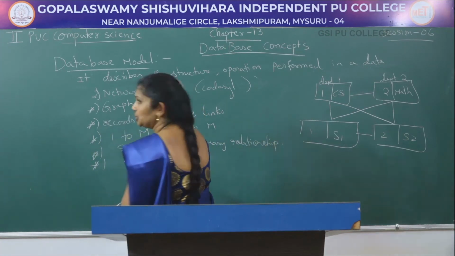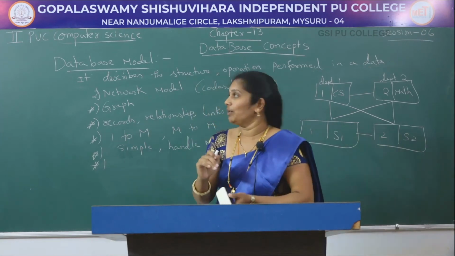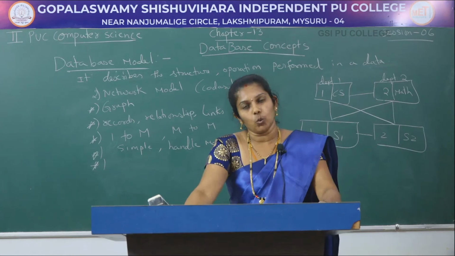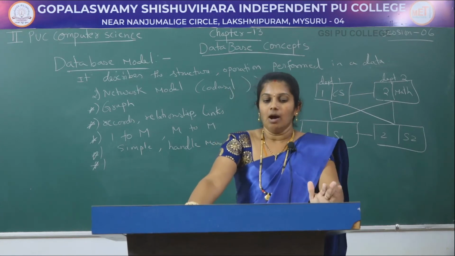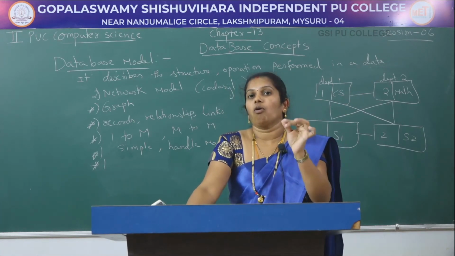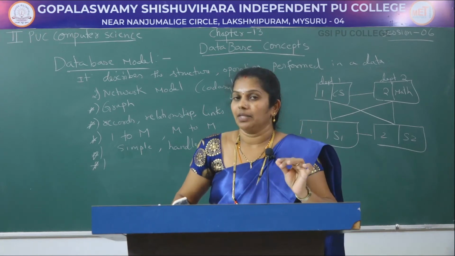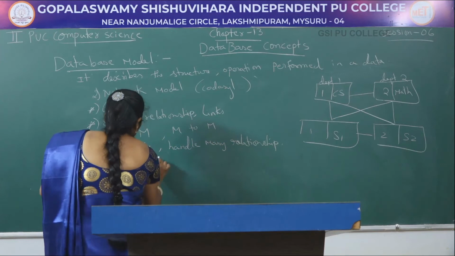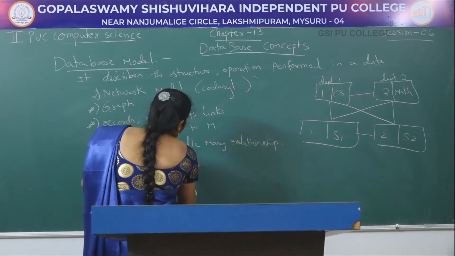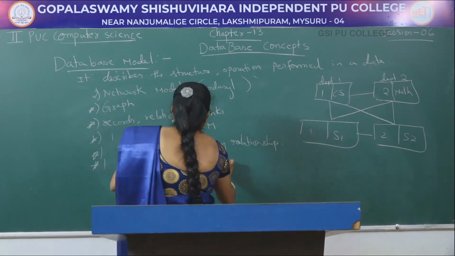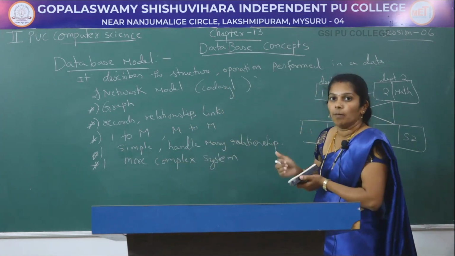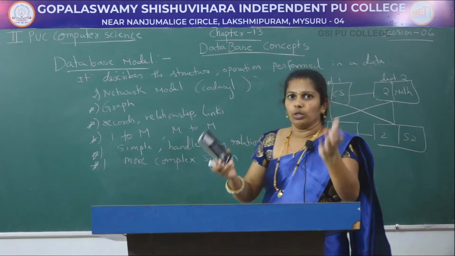Then what are the disadvantages of this network model? In this also we have a few disadvantages. It is a more complex system. See the diagram? All the things are connected to each other. It is very complex by nature, is it not? That is also one of the drawbacks.